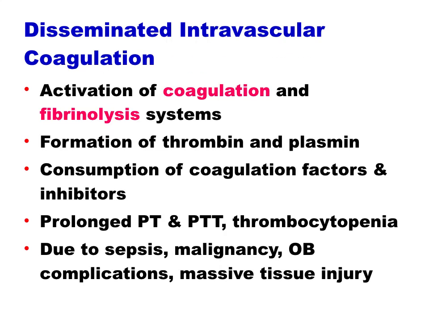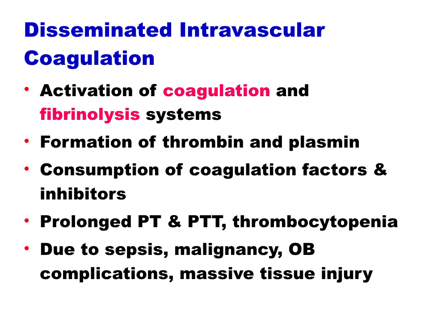DIC, on the other hand, is disseminated intravascular coagulation. There is combined activation of both the coagulation and the fibrinolytic system. So this condition leads to formation of thrombin as well as plasmin. They also call it consumptive coagulopathy, because there is consumption of coagulation factors and inhibitors. The patient will be noted to have prolonged PT and PTT.